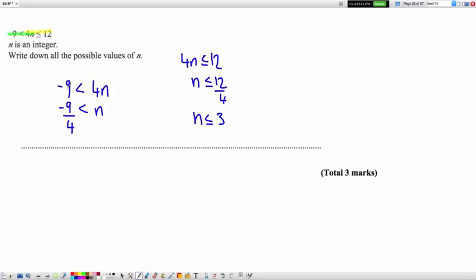So we've got our negative here, 2 point something. So the smallest possible number is -2. Then -1, 0, 1, 2, and also 3, because we have another line here under the inequality for less than or equal to 3.